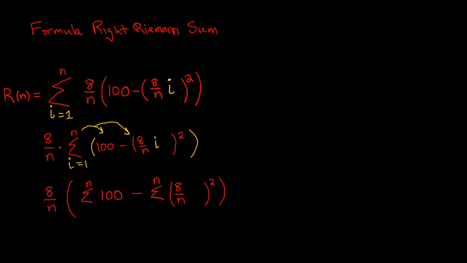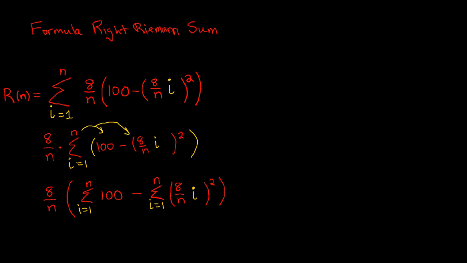And now I can change my color and finish writing the things here. i equals 1, i equals 1, and there was an i there. All right, so what happened in that step was simply that we used summation algebra to distribute the summation over the subtraction that was right here.